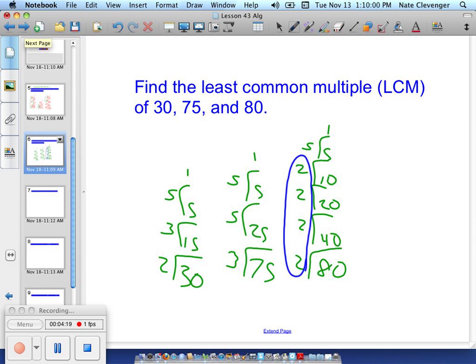It's in 2 of them. There's a tie, isn't there? Yeah. If there's a tie, you get to pick which one you want. Dalton's picking the first one for you guys, so that one's picked. Locate the most 5's. Middle, second one. And then you multiply those together. So you have 2 to the 4th times 3 times 5 to the 2nd. Use a calculator to multiply those out, and that would give you your answer. That's the smallest number that those 3 numbers will all go into.